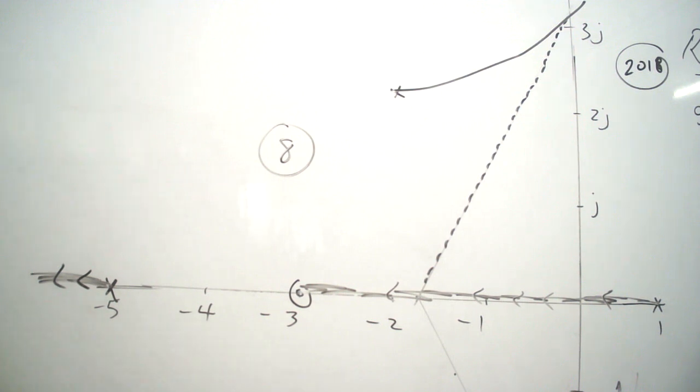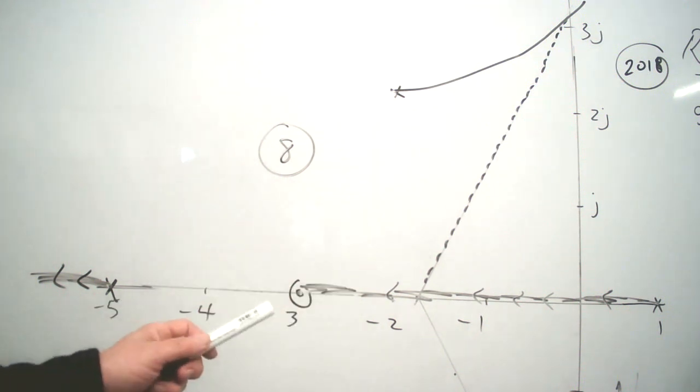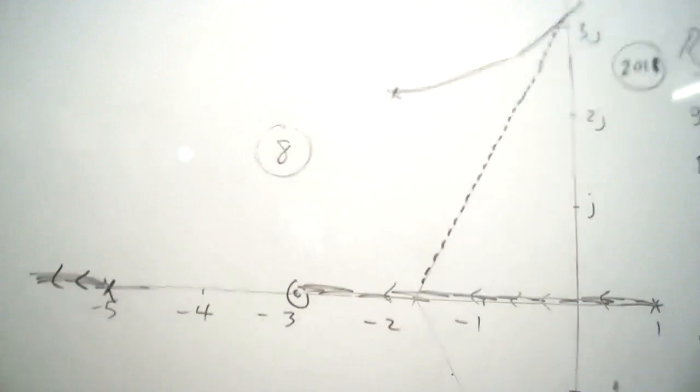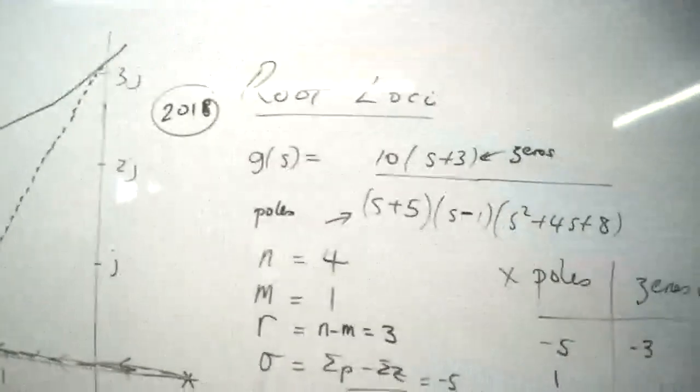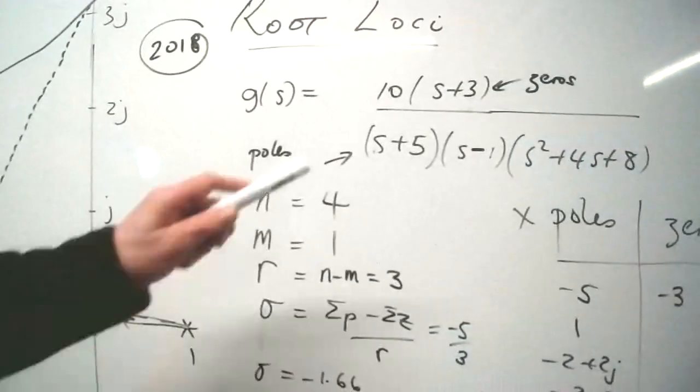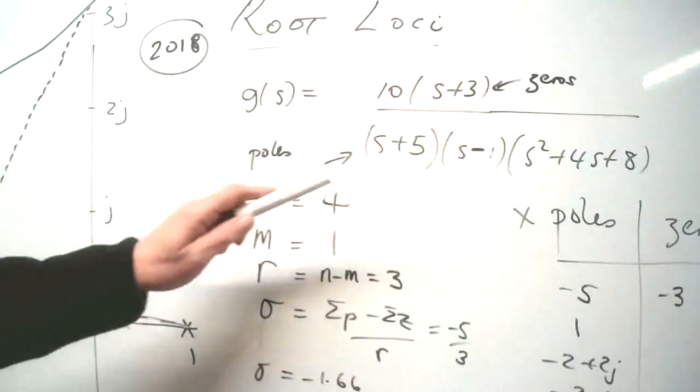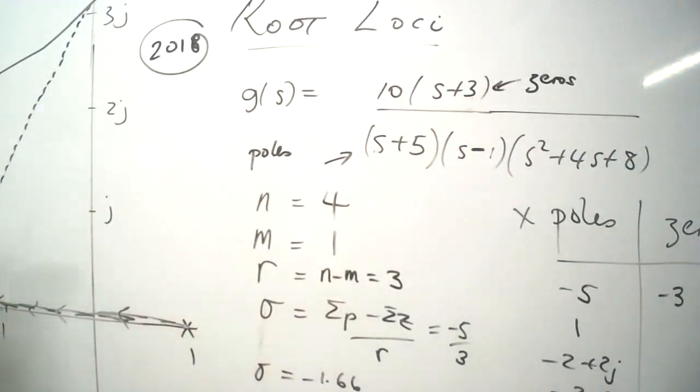Now let's. I think I've got a sketch of this somewhere. What we could do now is we might want to check they've done this correctly, because I might be a bit worried we're not doing it right. So what we could do is go back now to our original transfer function, and we could enter this function here into MATLAB, and we can get MATLAB to plot this out for us.